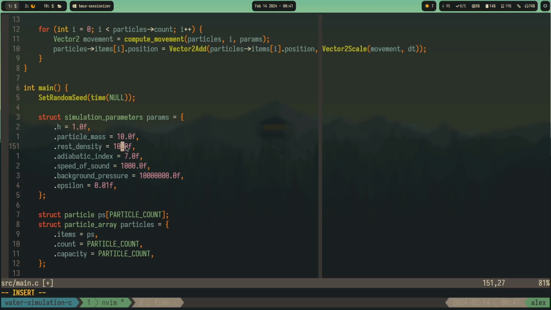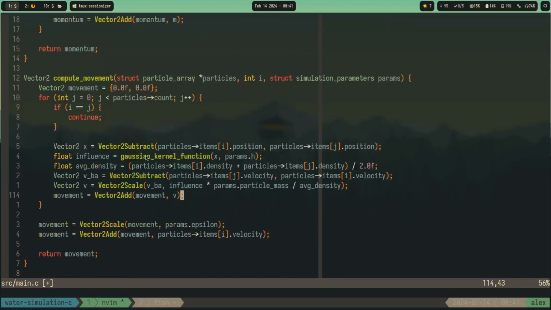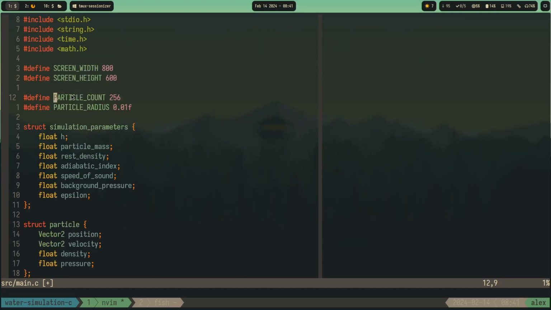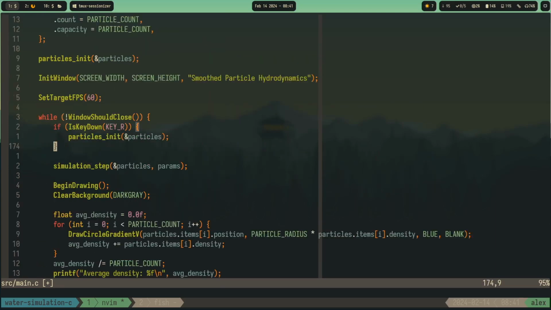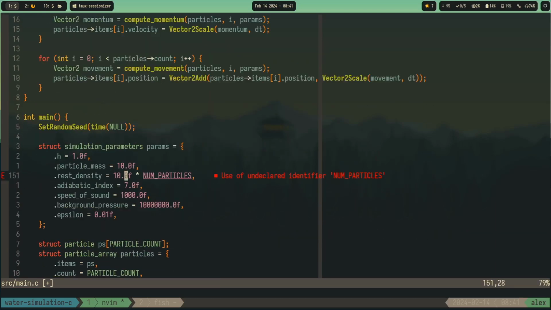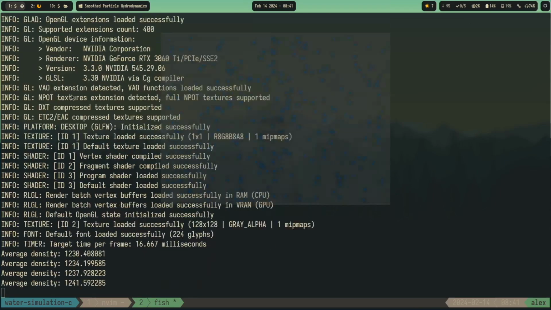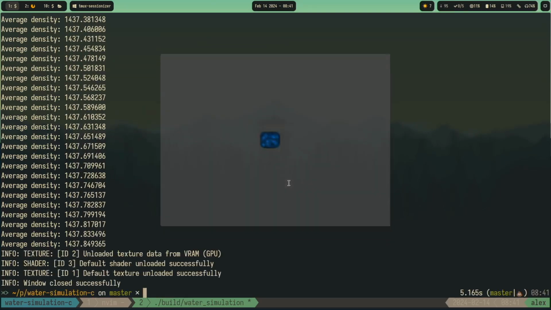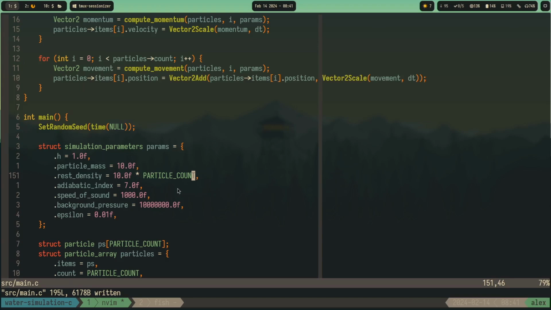Let's say we put here rest density times number of, what was it? Particle count, right? Maybe this would change something. Let's see. Oh yeah, this makes it not really good.